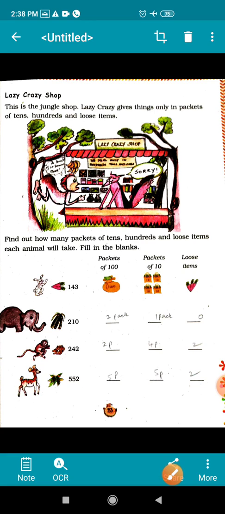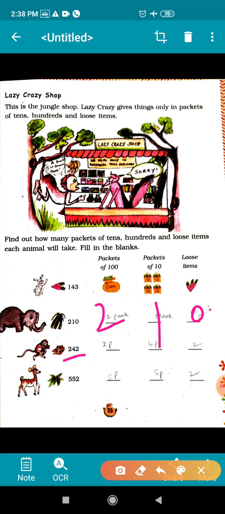Here, how many packets of 100? 2 packets of 100. How many packets of 10? 1. How many loose items? Nothing. Here in this, how many hundreds? 2. How many tens? 4. How many loose items? 2.